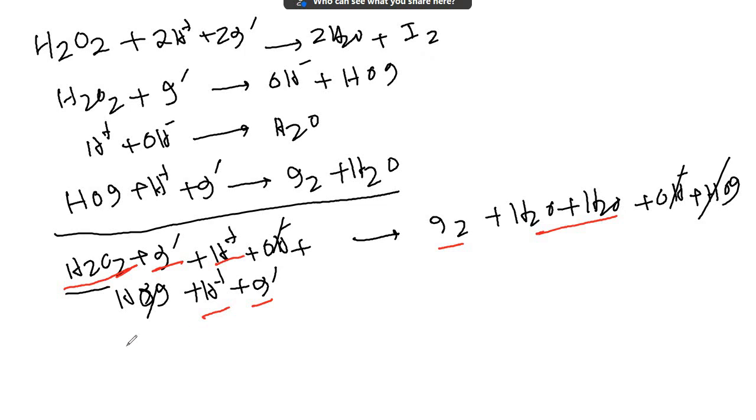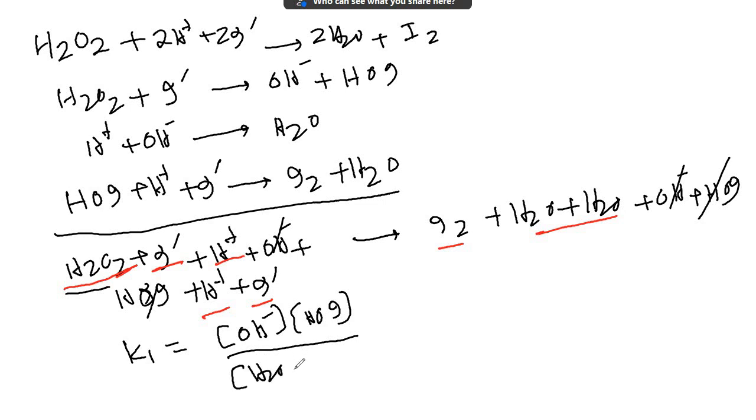Let us write with black only. K1 is equal to OH- HOI over H2O2 into I-, and the overall is K1 into K2 into K3.